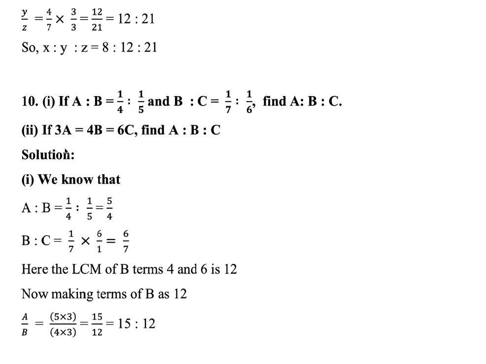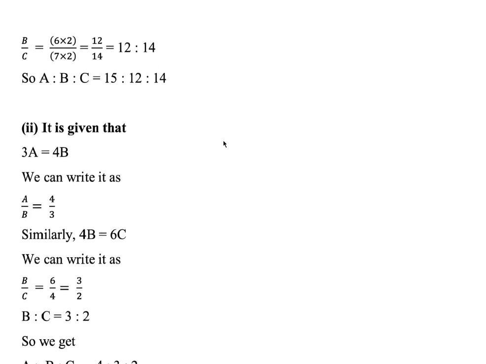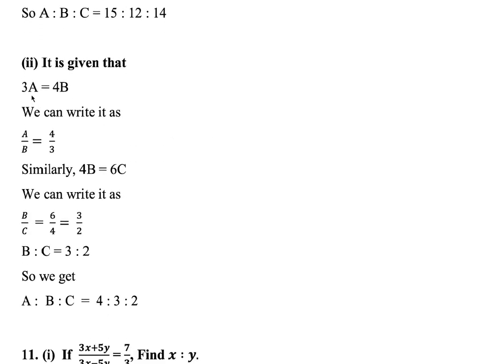What is given over there? If 3A is equal to 4B is equal to 6C, find A is to B is to C. Okay, so let's solve. 3A is equal to 4B. So A by B is equal to 4 by 3. Similarly, 4B is equal to 6C.